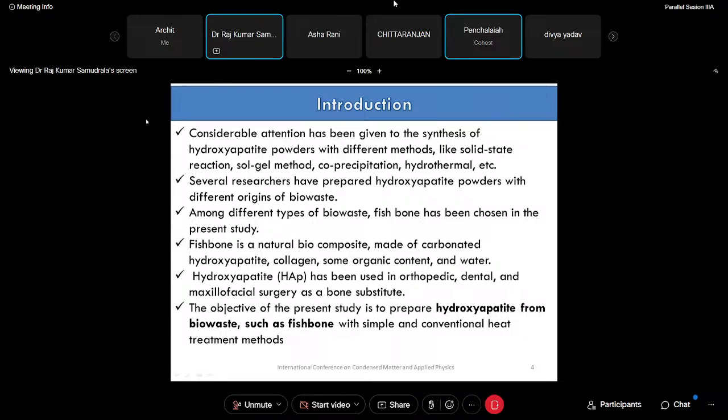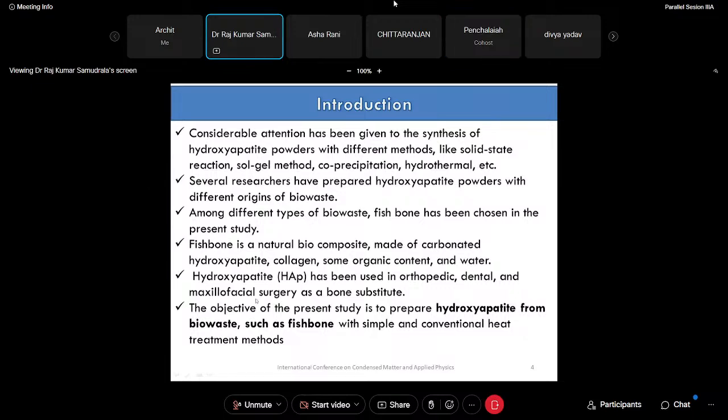Tell me your objective very briefly. The main objective of my work is to prepare hydroxyapatite from bio-waste materials. Most people have worked on the preparation of hydroxyapatite with different methods like the solid state method and with chemicals. In this project we have prepared it with the help of bio waste, that is fish bone, with a simple conventional melt quenching technique.